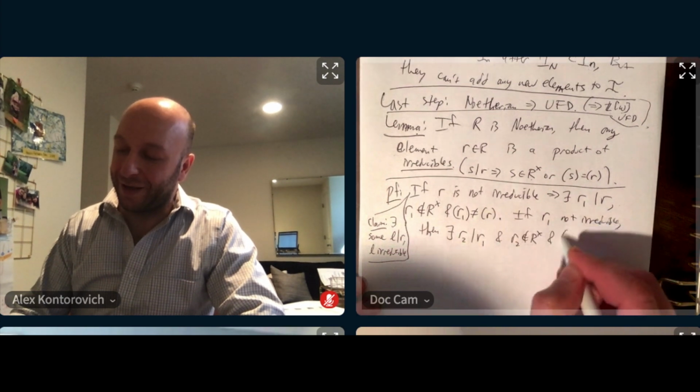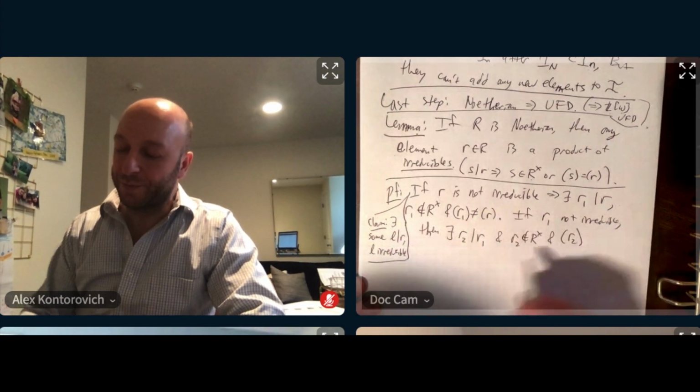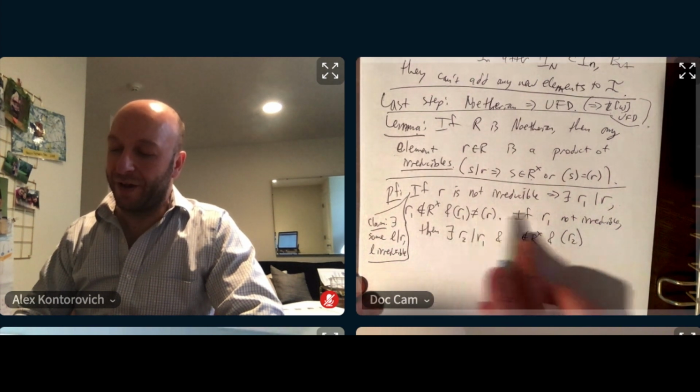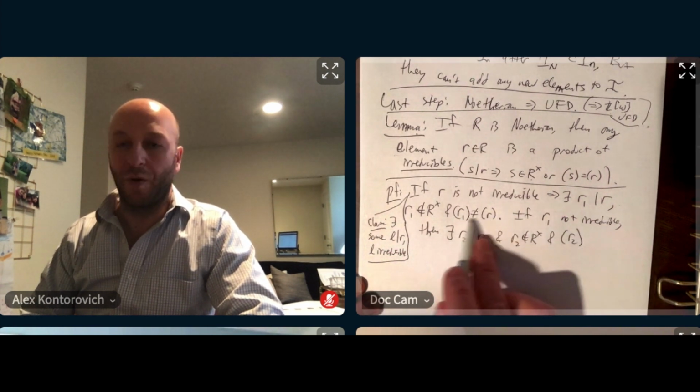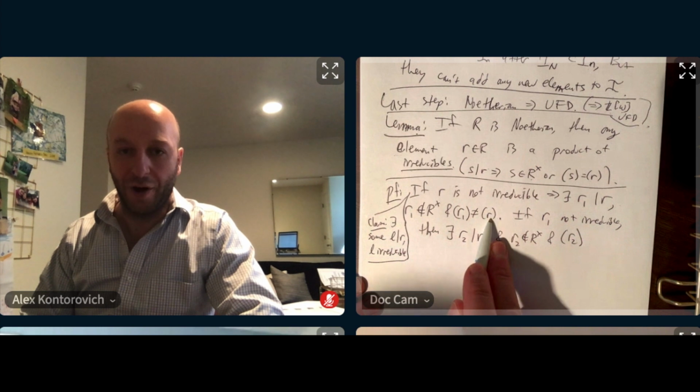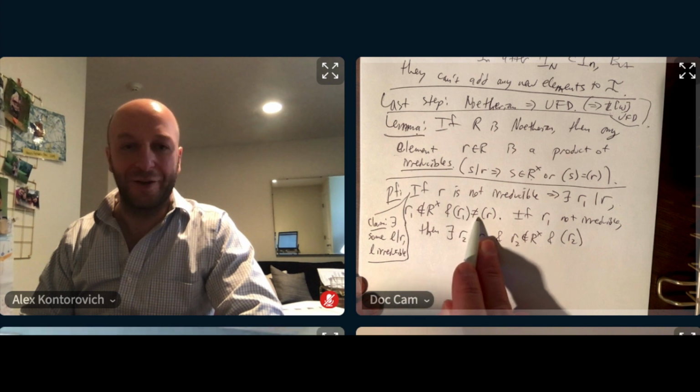And the ideal generated by R2. Now, let's think about this. R1 divides R. So which way does the inequality go here? Is everything that's a multiple of R1 automatically a multiple of R, or the other way around? Is this a less than sign or a greater than sign? You guys want to write that in the chat?